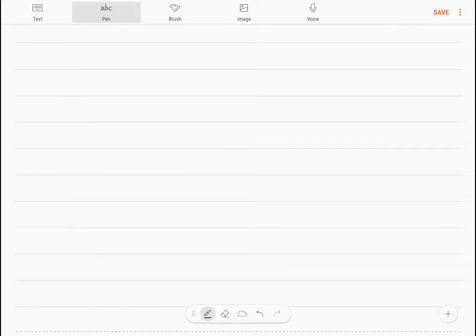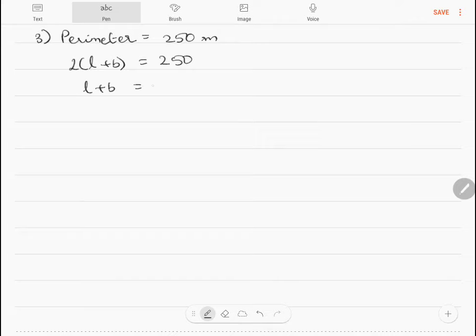Now here the given parameter is perimeter equal to 250 meters, that is, perimeter of a rectangle 2 into (L plus B) is equal to 250, so L plus B is equal to 125.